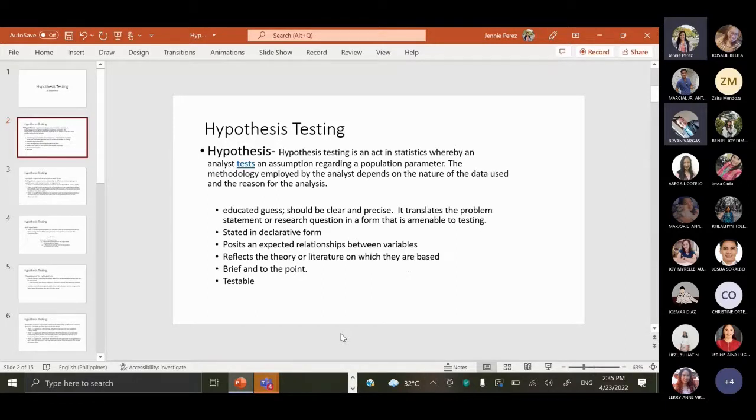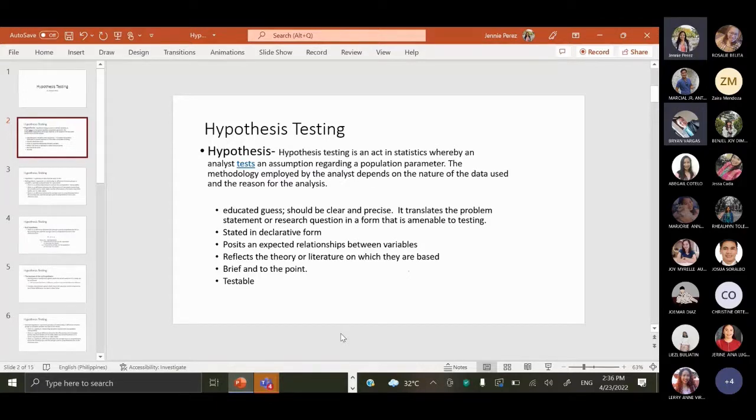So it is very important that we first understand what our variables are and how they are measured. Are they interval-ratio data? Are they continuous or discrete? Are they binary or not? Because the statistical test that we will conduct will be dependent on the type of variable that we are analyzing.